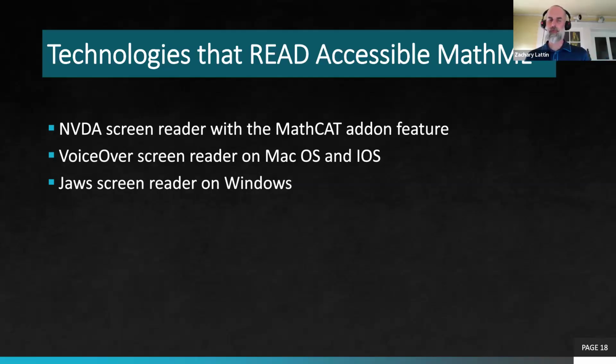Yes. And we can talk a little more about it. The MathCat add-on is only going to read accessible math. It won't magically make PDFs accessible. But yes, I was using NVDA screen reader. Yep. VoiceOver screen reader, which is macOS and iOS. And then there's JAWS screen reader on Windows.